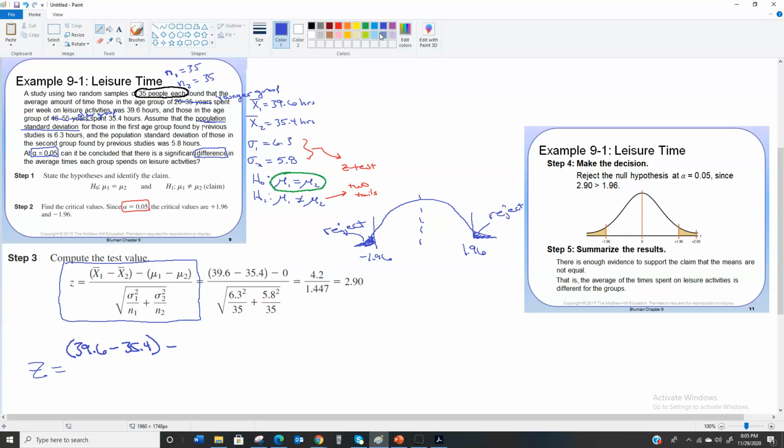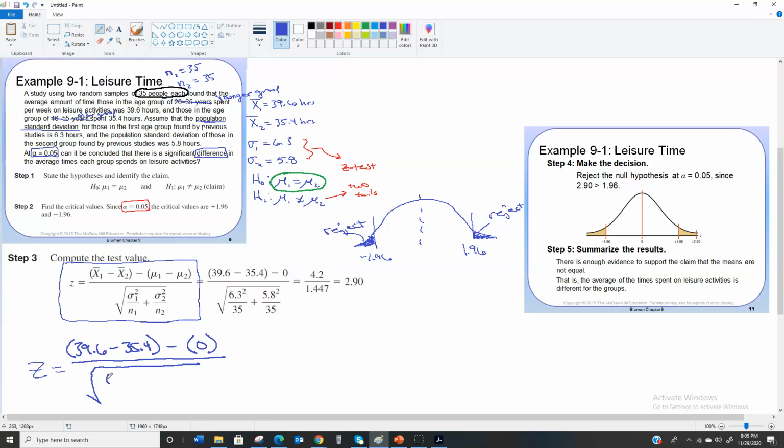And so even though this formula looks really long, this part of the formula actually just kind of falls out, because mu1 minus mu2 is just 0. So I don't really have to worry about that part. And that happens every time in these problems. You'll always get a 0, because our assumption, our null hypothesis, is always going to be that the two means are the same. Then we're going to do the square root of the population standard deviation for the first group, and the population standard deviation for the second group are going to be on top.